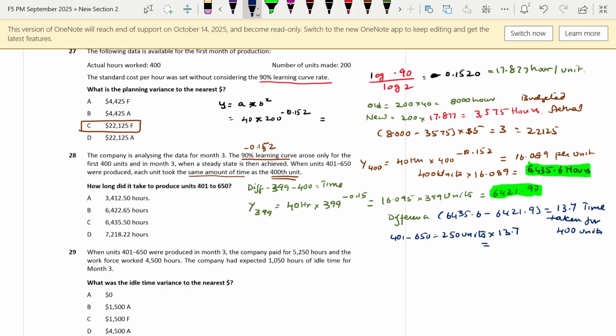How much will you get? 250 multiplied by 13.7 is 3425. Which is the nearest one? 3412.